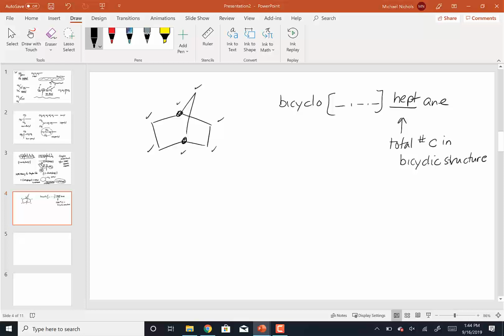What are the 3 numbers in the brackets? Well, first of all, there are 2 carbons that are basically going to be at least tertiary. They could be quaternary. So they are what are called the bridge heads. These are the bridgehead carbons. That and that.